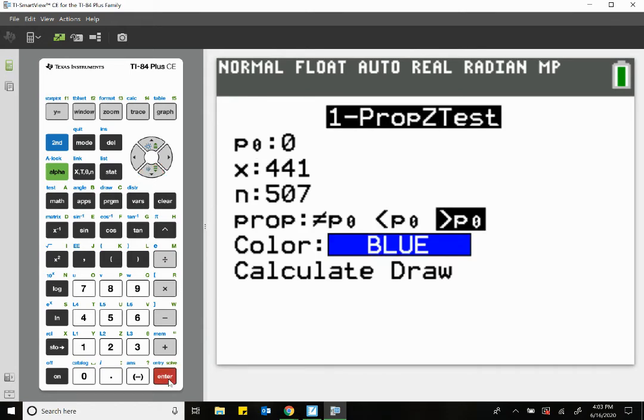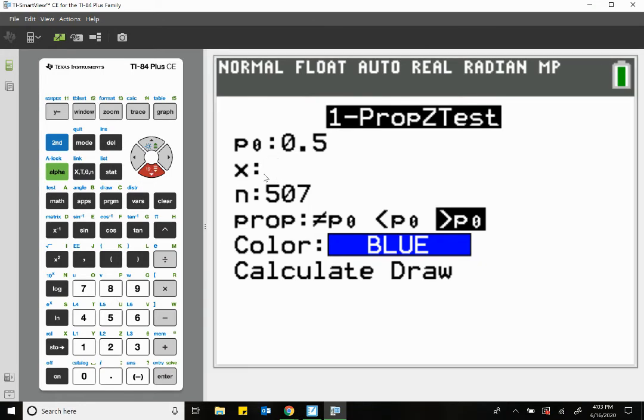Hit enter. You're going to put in your p-value, which is 0.50, or you can put in the full thing, 0.50.